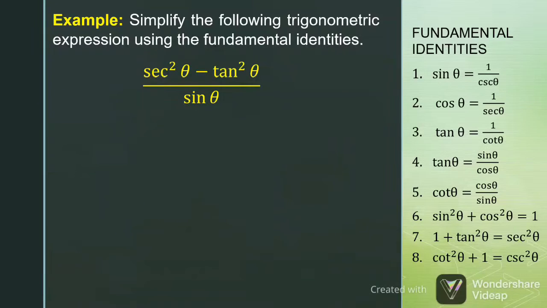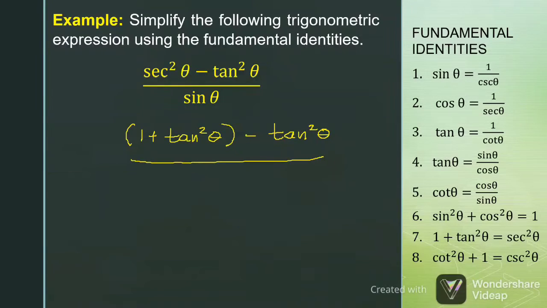Using the seventh fundamental identity. So instead of secant squared theta, we have 1 plus tangent squared theta minus tangent squared theta all over sine theta.